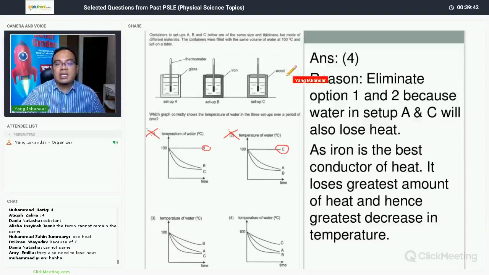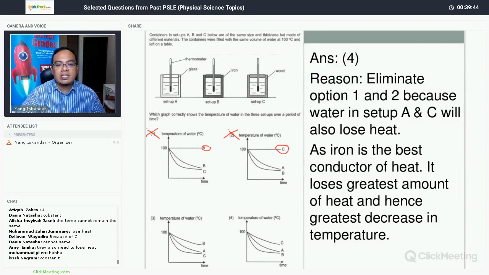As long as a material is matter, solid, liquid, or gas, it will still conduct heat away. So even though it may be glass and wood, which are poor conductors, it will not be a straight line. A straight line means that the heat will be trapped inside, right? It doesn't escape, which is not true. Heat will still be lost after some time.